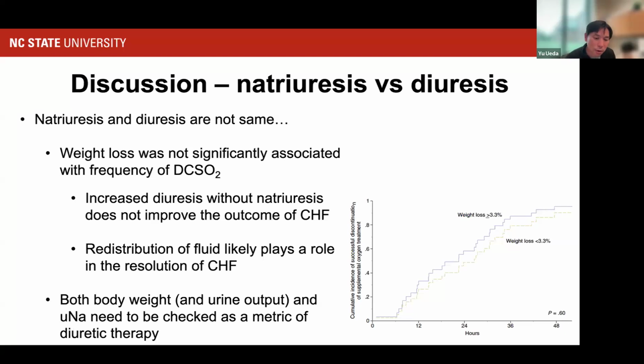So again, these findings imply that body weight, urine output measurement, and urinary sodium concentration to assess natriuresis are all important to decide if the diuretic therapy is effective or not. Maybe this is a little bit of an extension from the findings of these retrospective studies, but I think at least these findings indicate that further studies are warranted.